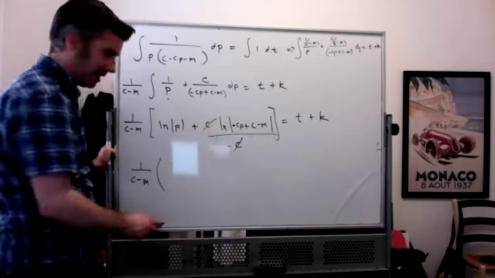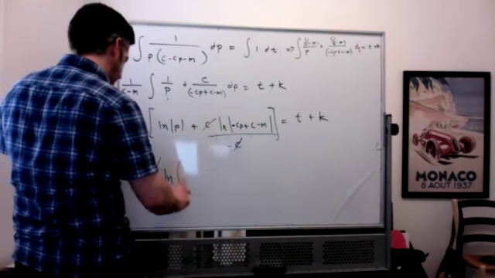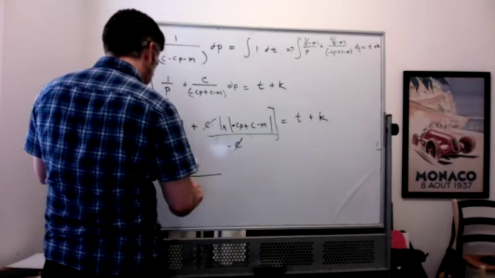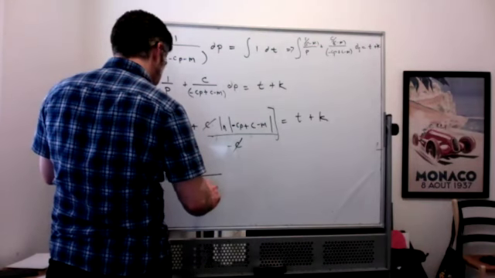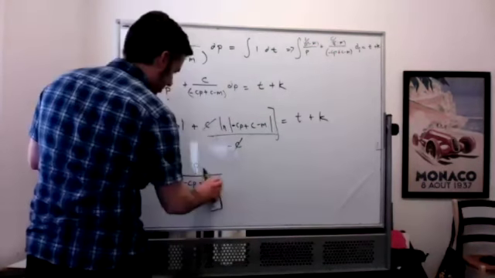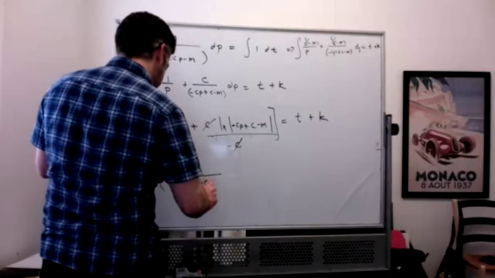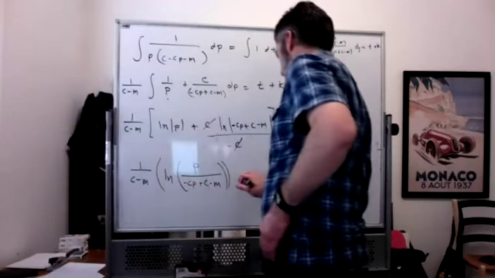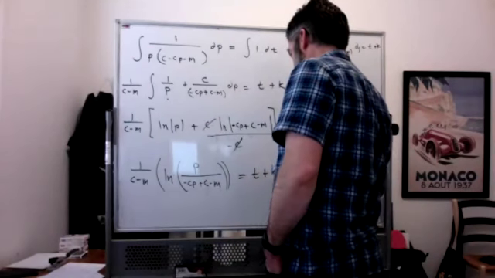Well, hey, I can write that as the natural log of P over negative CP plus C minus M, equal to T plus K.